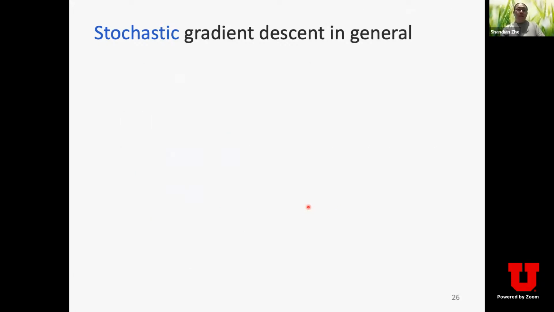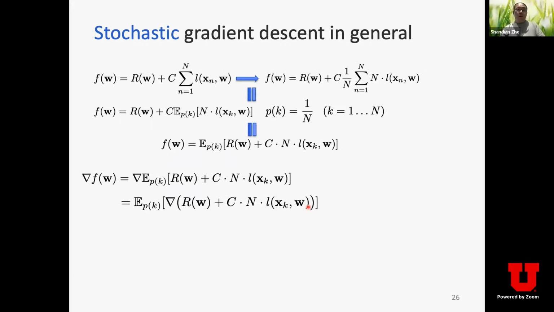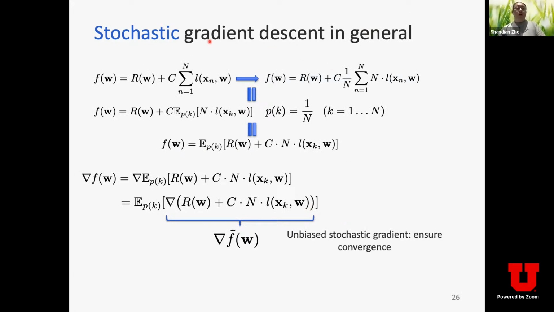So again, we don't require everyone to know why this is called an unbiased stochastic gradient, but we just leave the reference here.